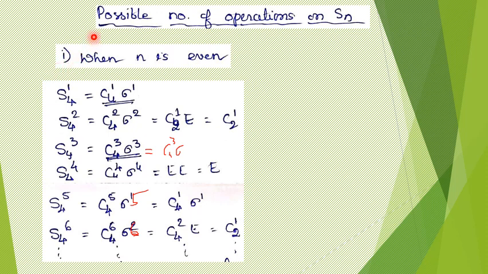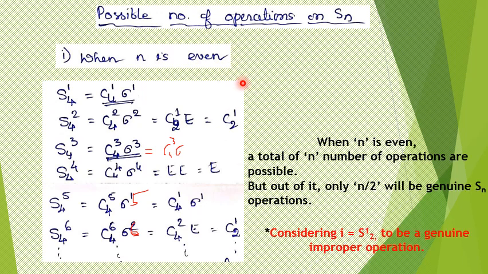But let me conclude with what exactly will be the possible number of operations on Sn when n is even. Let me give you the conclusion with just one example. When n is even, a total of n operations are possible. That's what we have seen here: n is equal to 4, it's the S4 axis.